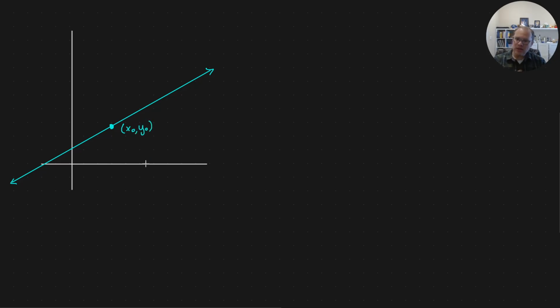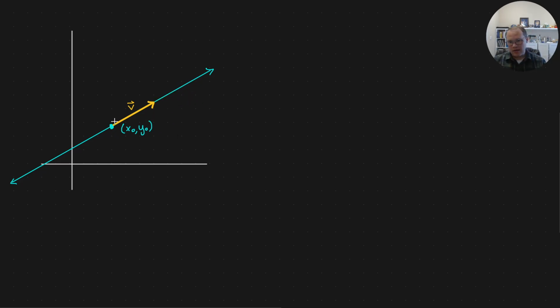And just as before, we have a vector parallel to the line, vector v. Now, if I scale vector v, it's still going to go up and down the line, right? If I go twice v, I go here.